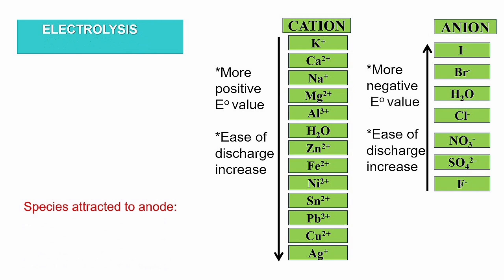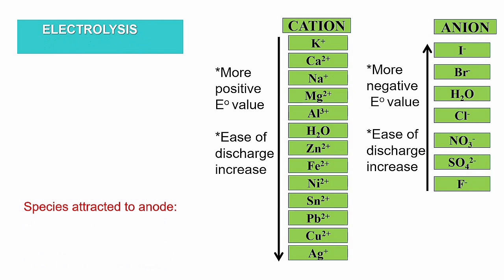discharged. So I'm going to read the anions too, from highest to lowest in the electrochemical series. We have fluoride ion, sulfate ion, nitrate ion, chloride ion, bromide, iodide, and then hydroxide. That means F, fluoride ion, is higher in the series than others, and hydroxide is the lowest here.